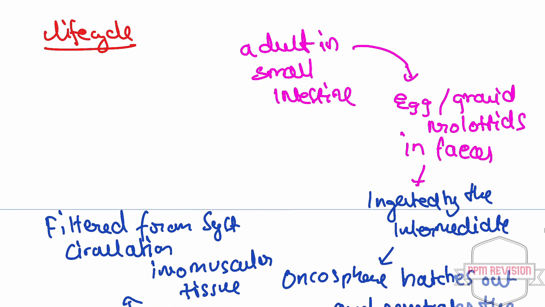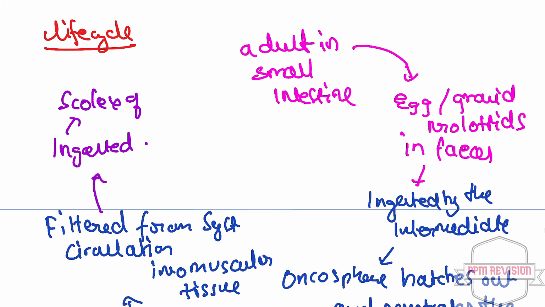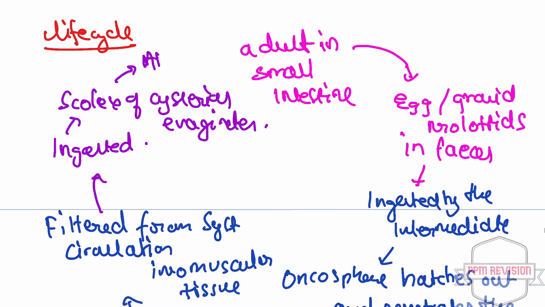After going into the muscular tissue, it is ingested, and we see that the scolex of the cysticercus evaginates and then attaches to the gut wall. And this cycle continues.